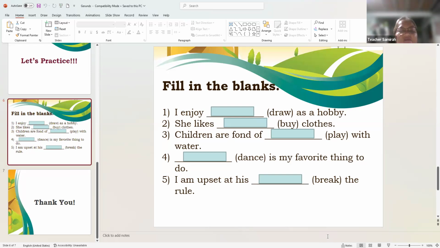Understand? Very good, you are always taking notes. I hope everybody will also take notes so that when we discuss something, you will easily remember.